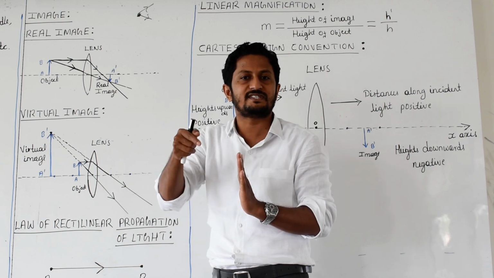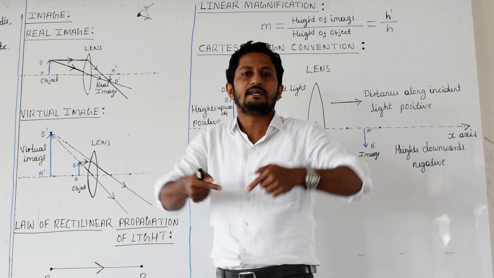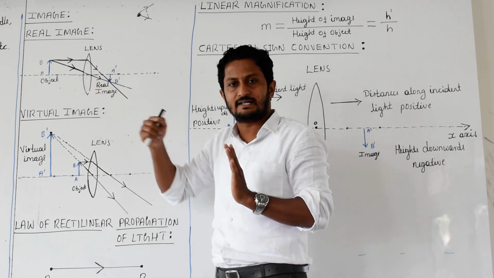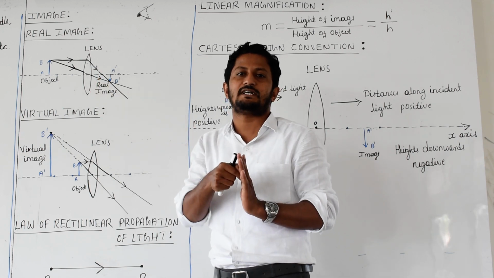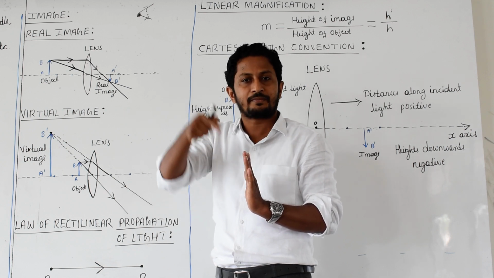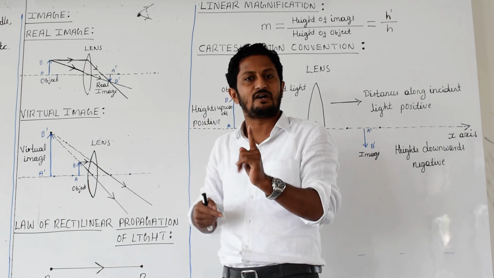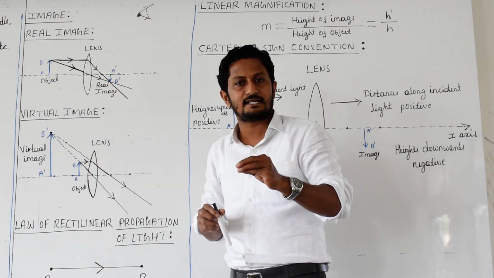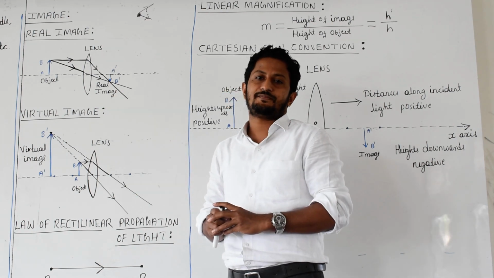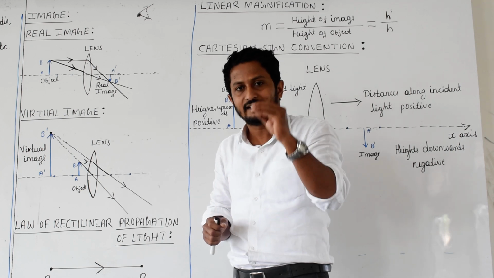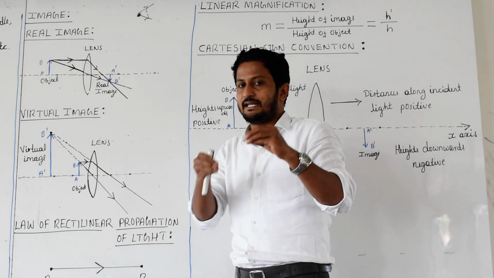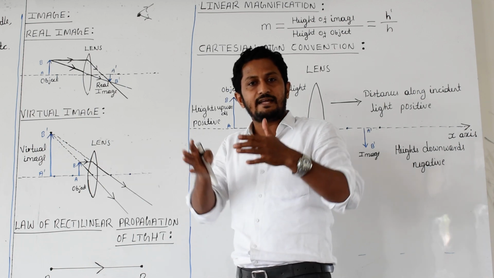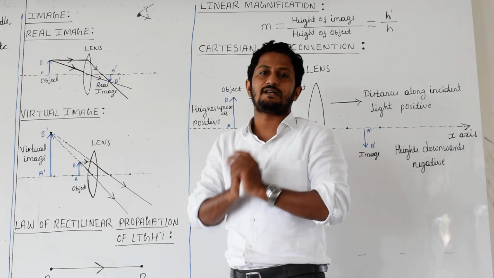Meaning, its physical appearance is there. Those two refracted lights actually merged there. So they produced the physical appearance of that image. Such an image we call a real image. Are you getting what I mean? Real image means that image we can see and even get on a screen.